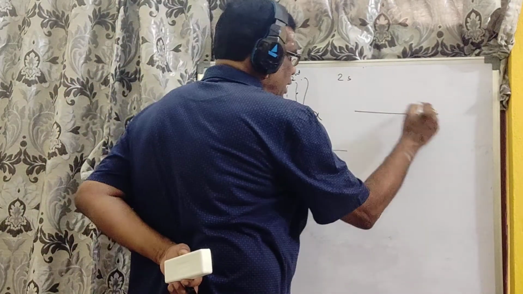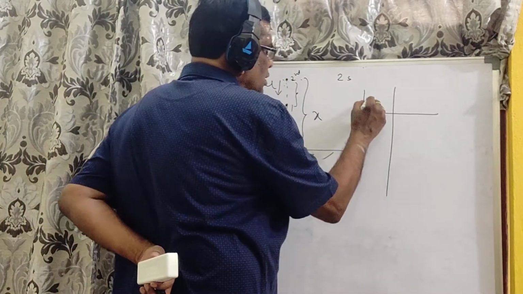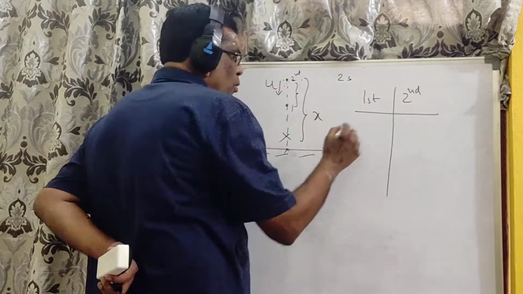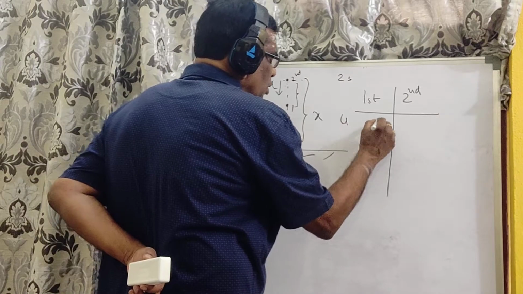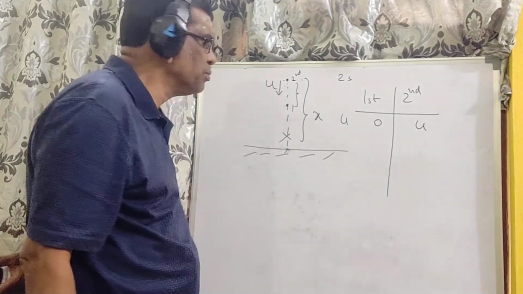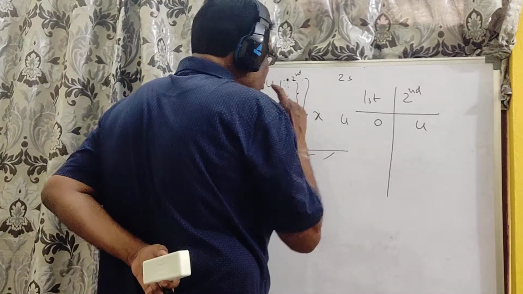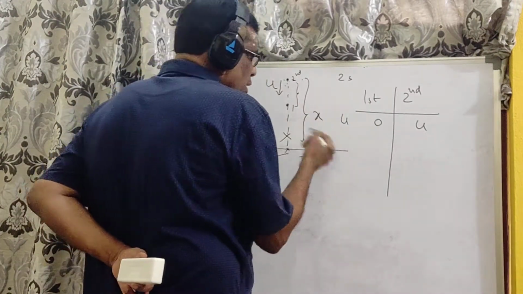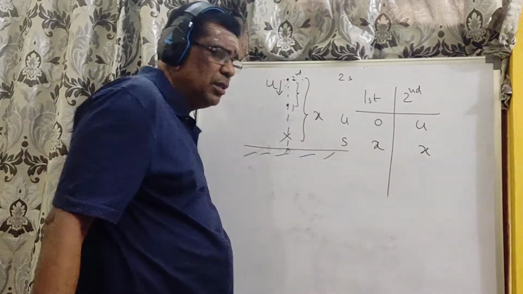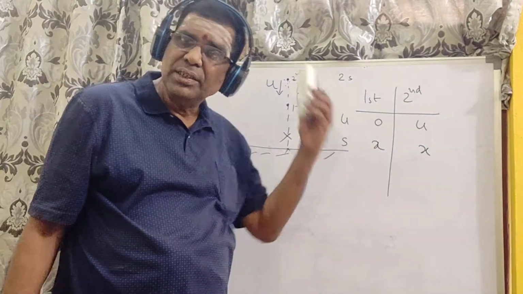Now, if I take the first body and this second body, what is the initial velocity of the first body? 0. The initial velocity of the second is u. And suppose the displacement of both the bodies is x, because this body is dropped from the same point.